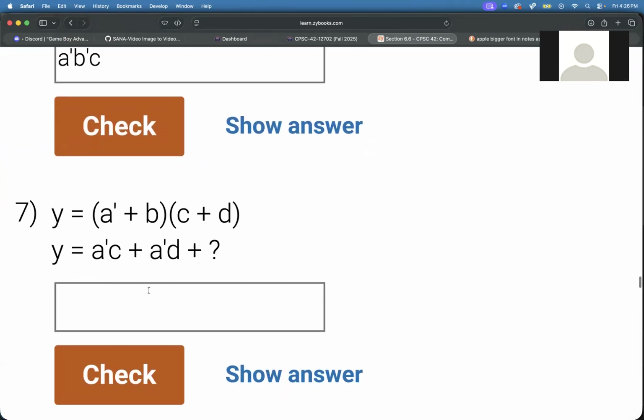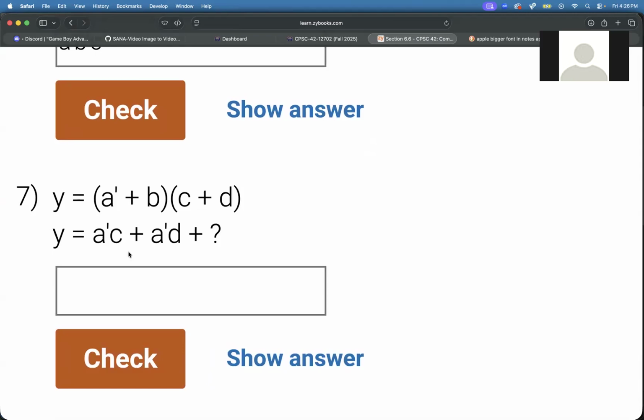I was going to skip this one, but then I saw it was slightly interesting. So if you do this, you'd have to FOIL, right? So you'd have to have not A times C, which is right there. You'd have to have the not A times D, which is right there. But then the B would also have to be multiplied by these two.